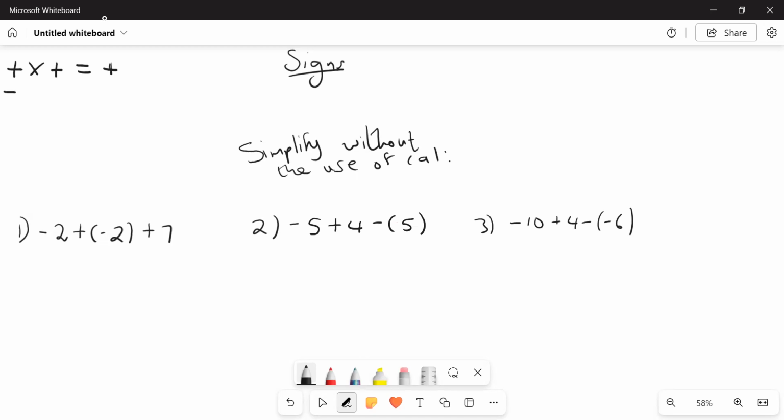So a negative multiplied by a negative, we expect a positive, because those are two same signs. If we multiply a positive by a negative, now we're multiplying different signs, so we expect a negative. A negative multiplied by a positive, different signs again, we expect a negative.